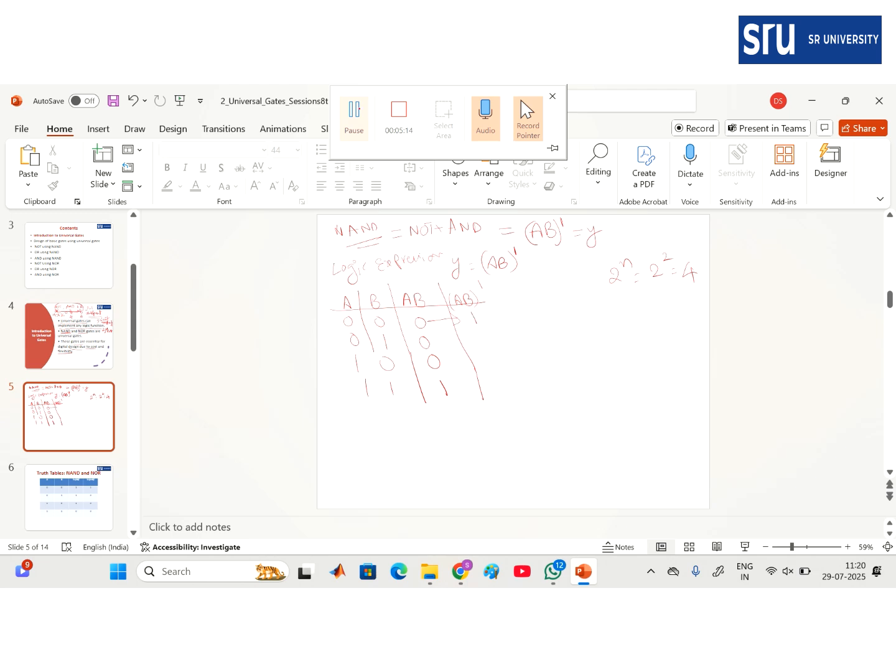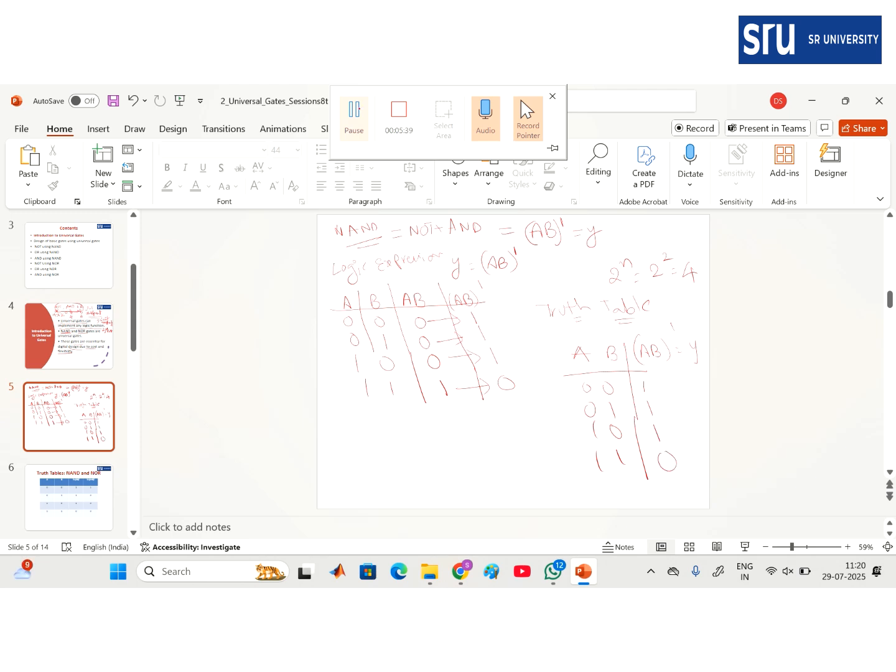So 0 complement is 1, again 0 complement is 1, 0 complement 1, and 1 complement is 0. So this is the truth table for the NAND gate. The NAND gate truth table has inputs A, B, then the output expression AB bar. For combinations 00, 01, 10, 11, we have outputs 1, 1, 1, 0.